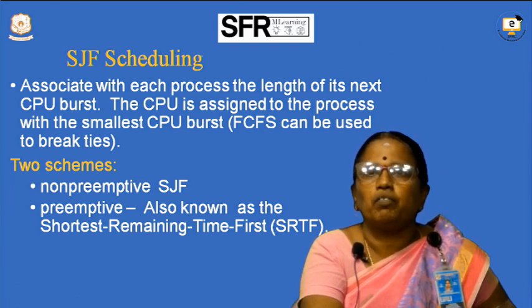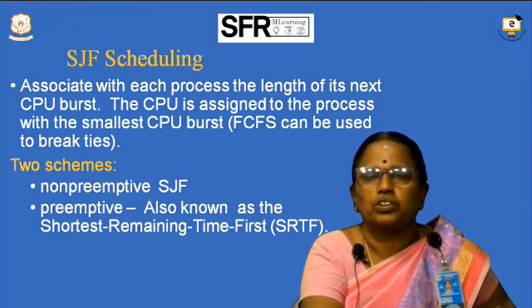The CPU will be allocated first to the process with the smallest CPU burst time, followed by the next slightly larger, and so on, and the maximum CPU burst will come last. When two processes have the same CPU burst, we can break the tie arbitrarily.